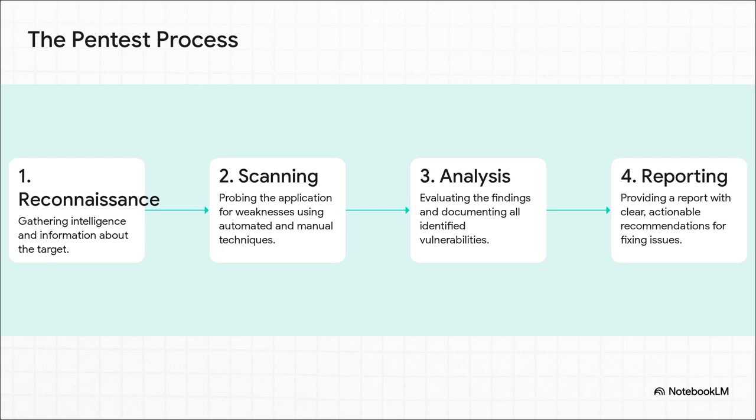This is like a detective gathering all the intel they can on a target. Then comes scanning, where they start actively probing the app, looking for those weak spots. After that, they move into the analysis phase. This is where they take everything they found and figure out what the real risk is. And finally, and this is so important, it all wraps up with reporting, a super detailed breakdown of every vulnerability they found, and crucially, a clear roadmap on exactly how to fix that.